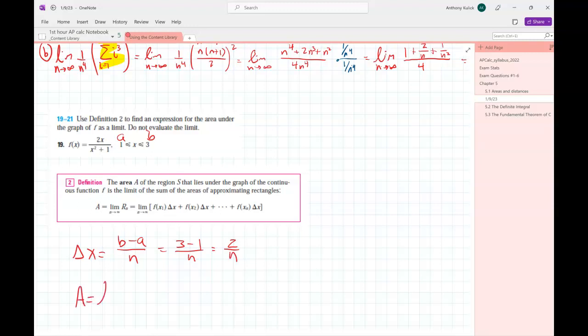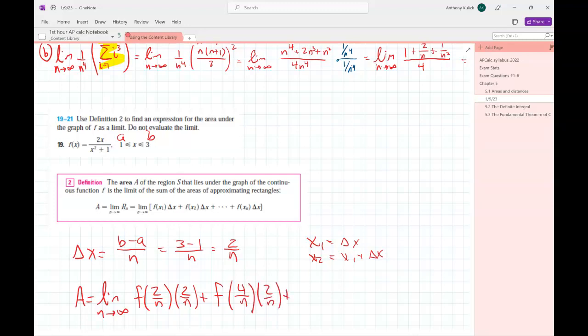So then my area is going to be the limit as n approaches infinity of f of 2 over n times 2 over n plus, and again, remember that x1 is just delta x, x2 is x1 plus delta x, x3 would be x2 plus delta x. So we can just keep plugging and chugging away at this.